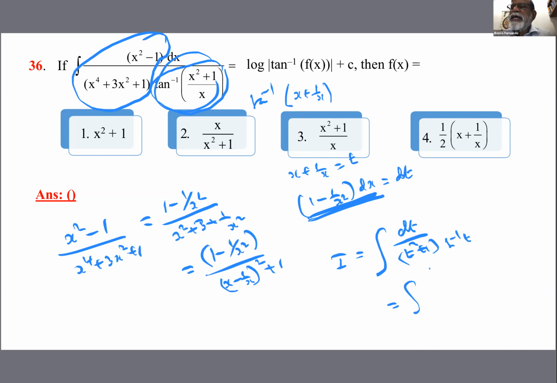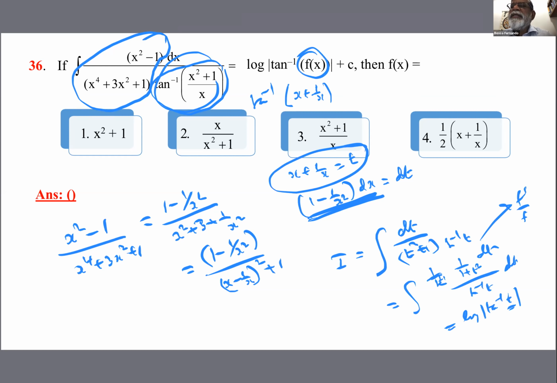So it is integral 1 by 1 plus t squared dt divided by tan inverse of t. So it is equal to f dash by f. So logarithm of modulus tan inverse of t. You are asked to find out what is this t. T is nothing but x plus 1 by x, and that is available in the option number 3.